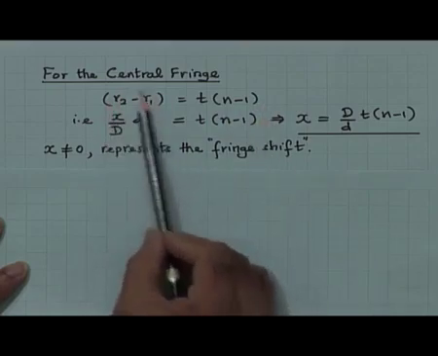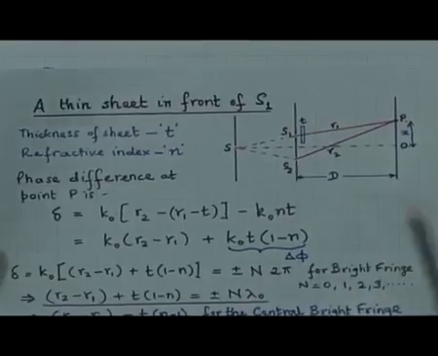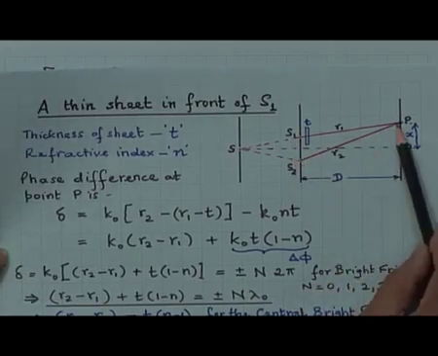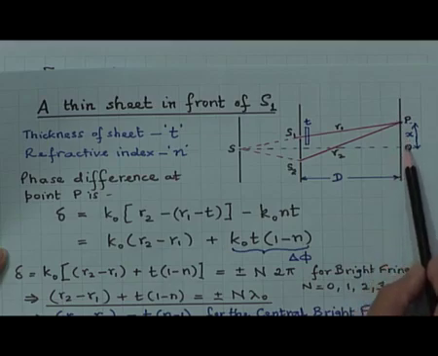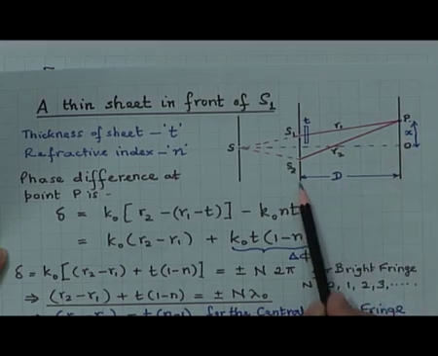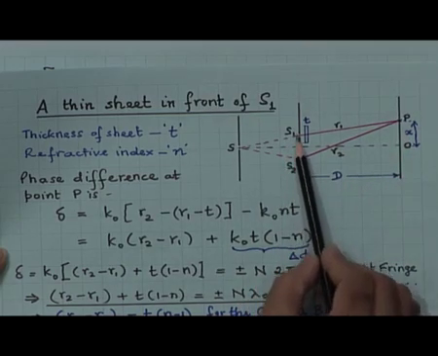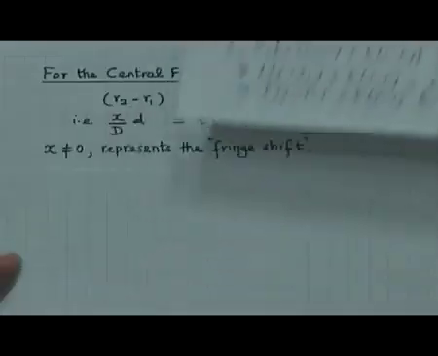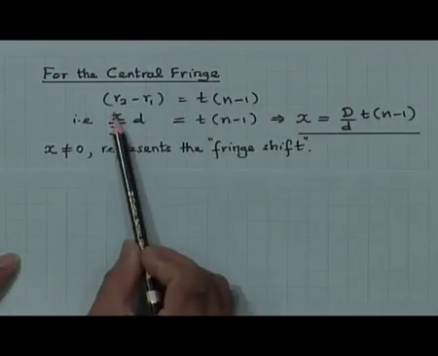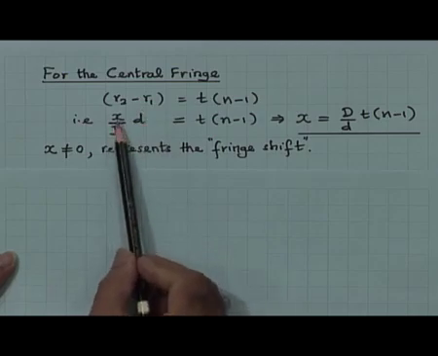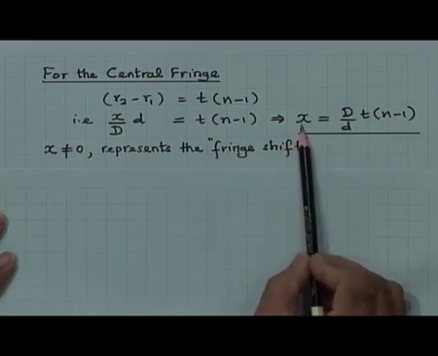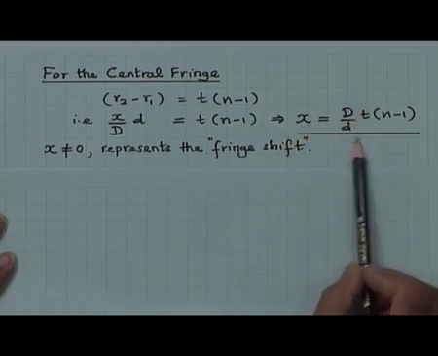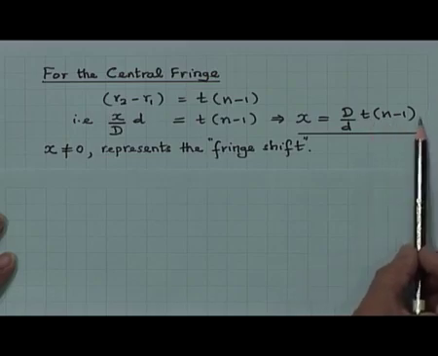The geometrical path difference R2 minus R1 we have already calculated. If the position is x, and if the separation between S1 and S2 is small d, in the last lecture we had calculated that the path difference is x by D into d, which is equal to t times n minus 1, or x is equal to D by d into t times n minus 1.